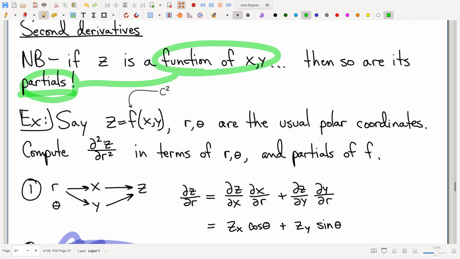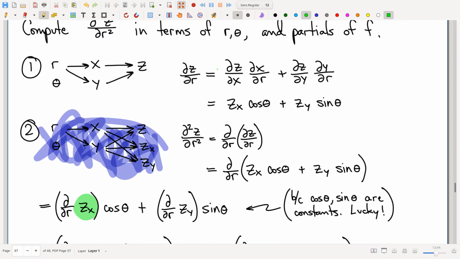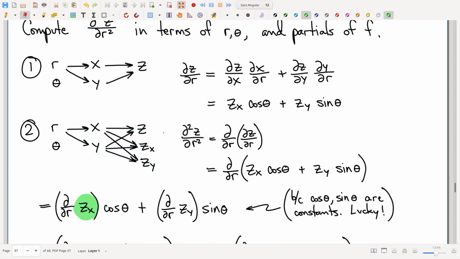That means that the partial of z called zx is a function of x and y. And if zx is a function of x and y, then let's say so on the diagram. And notice that's what I've got right here. zx, function of x and y. I'm putting it where it belongs. If you've got something that's a function of x and y, then it goes here on your diagram, indicating that it's a function of x and y.